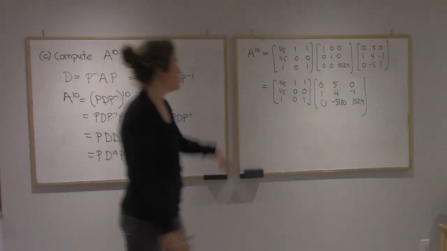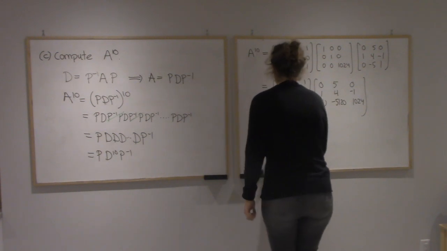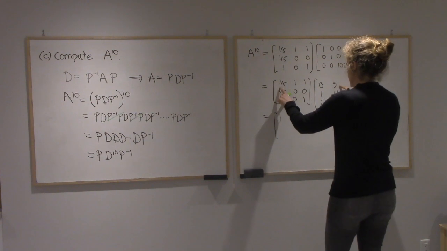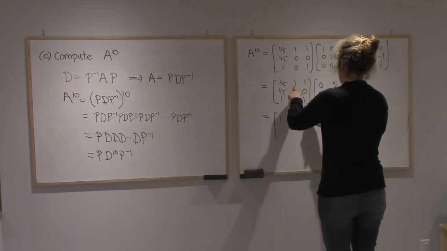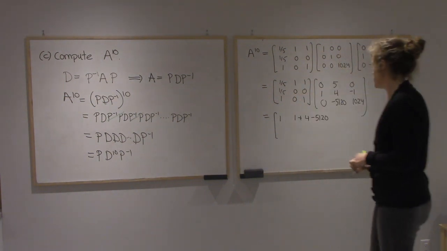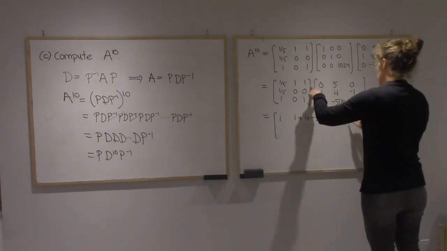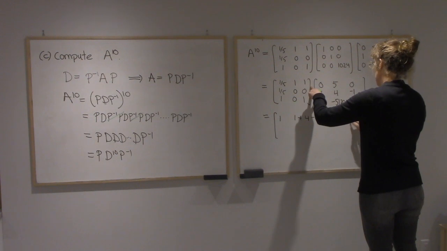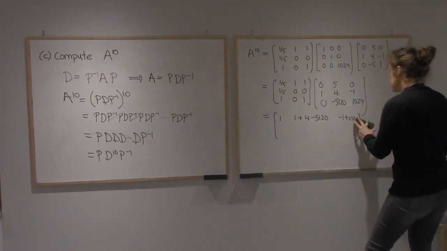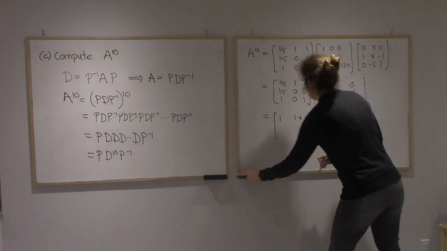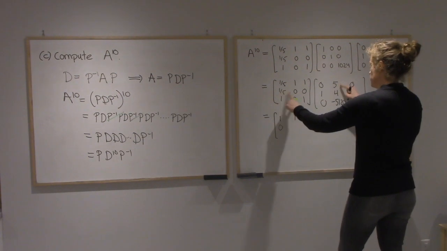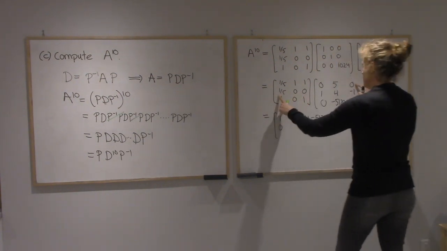Alright, so I have one last product to compute. I get 1 plus 4 minus 5,120. I get minus 1 plus 1,024, it'll be 1,023. And when I compute it, this is going to be 0. This will be 1.